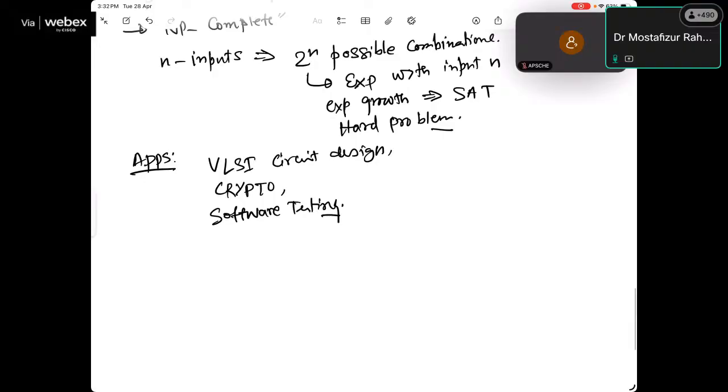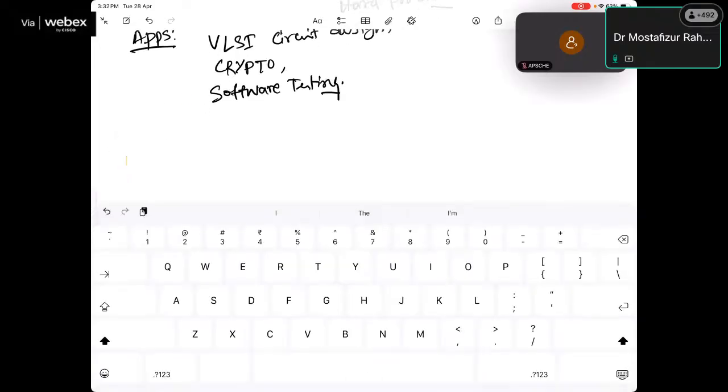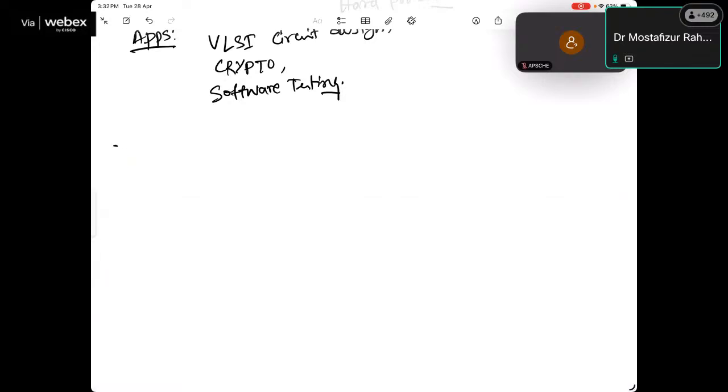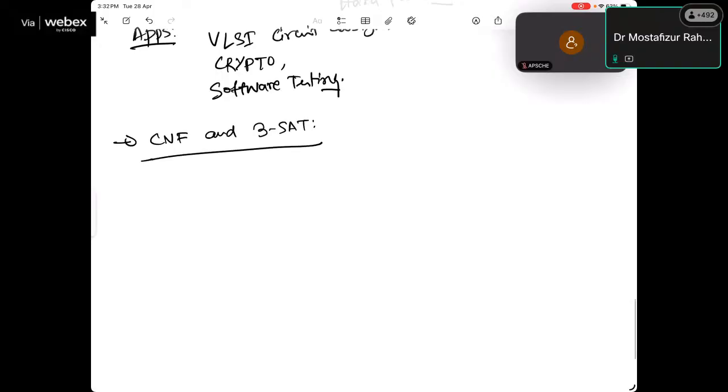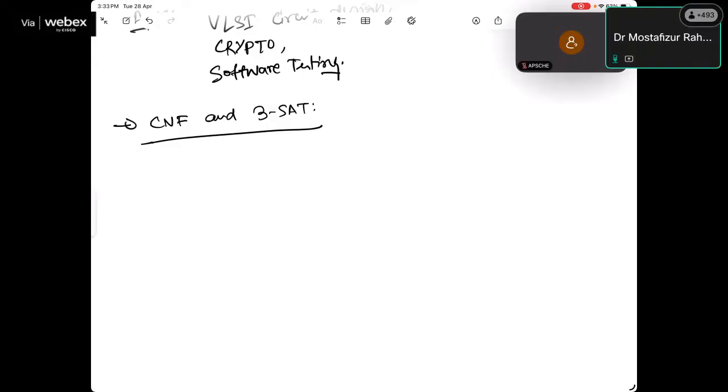So there is something more with this SAT, and let me define it. There is something called CNF, and 3-SAT problem. So what is CNF and what is 3-SAT? These are just fancy names.